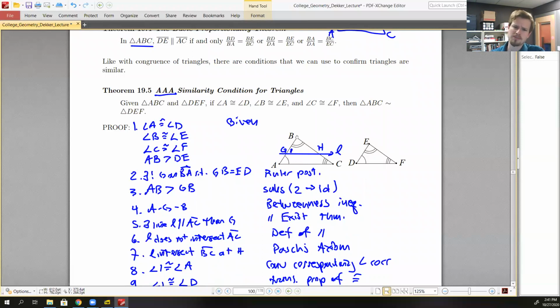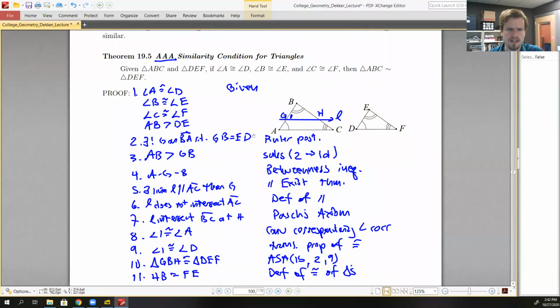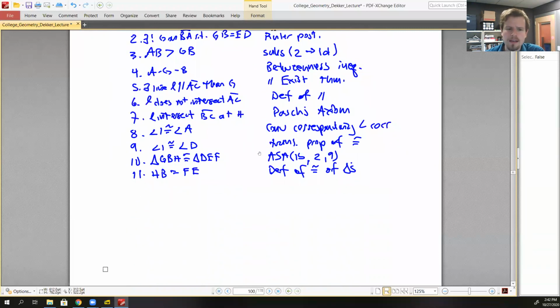So I can say that BG over BA or GB over AB is equal to HB over BC, let's call it. I mean, it doesn't matter anyway. So 12.